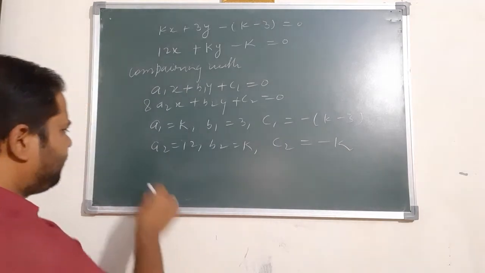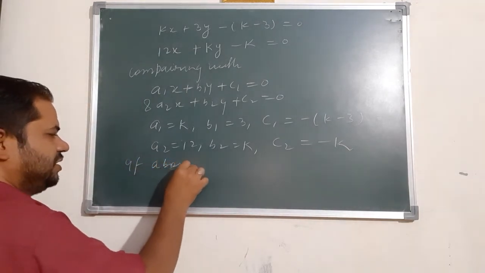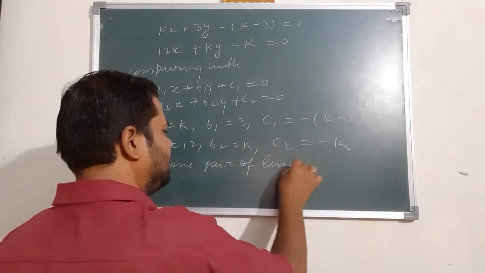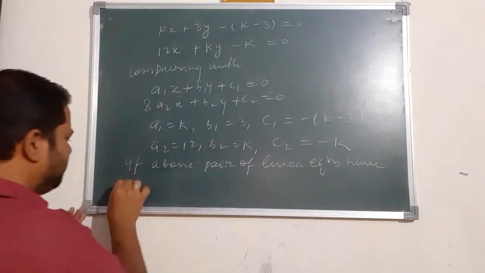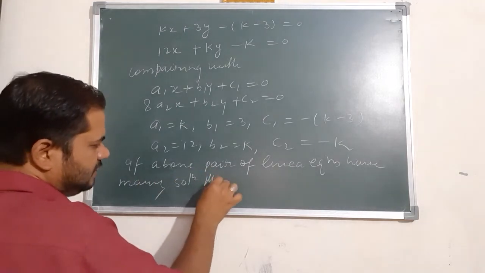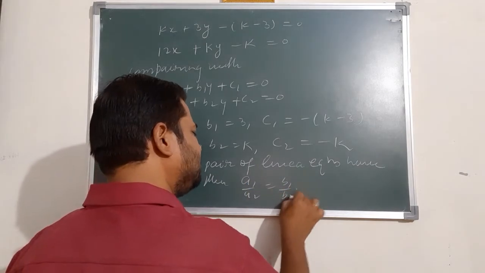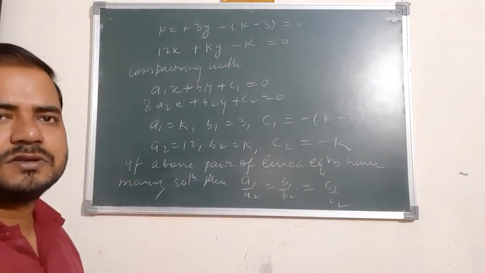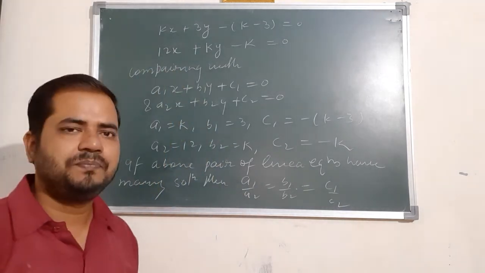Okay, if above pair of linear equations have many solutions, then a1 upon a2 is equal to b1 upon b2 is equal to c1 upon c2. Okay, so please note it down, then after we see the next step.